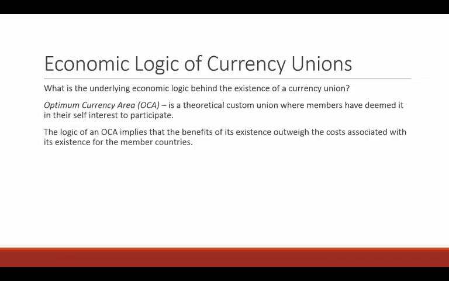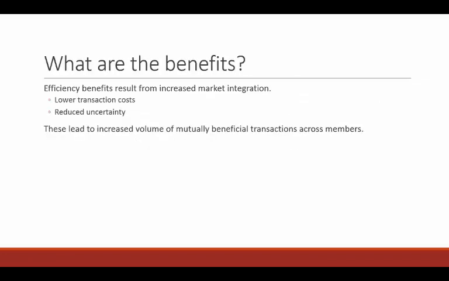The logic of an optimum currency area, or an OCA, is that for all member nations, joining is optimal insofar as the benefits it brings about exceed the costs associated with being a part of it. So what are the benefits membership of an OCA brings?